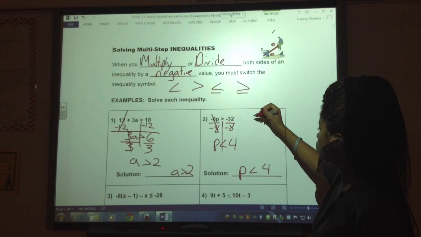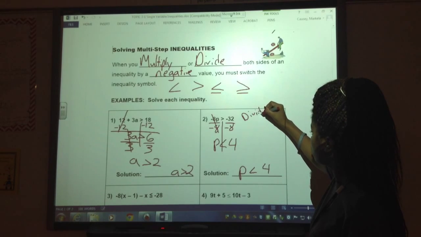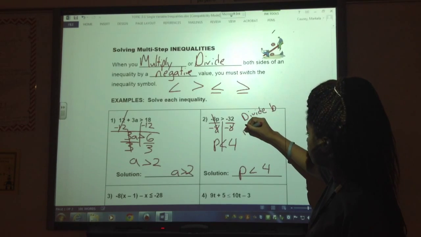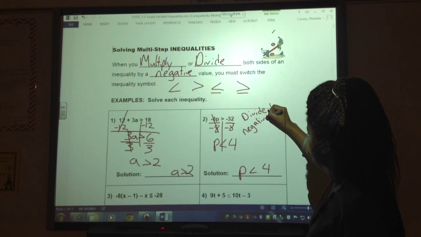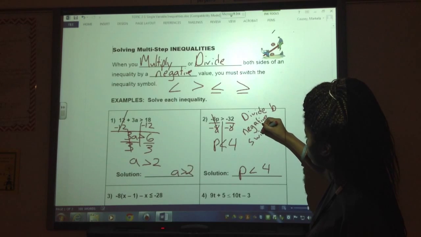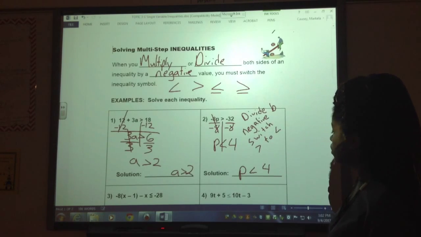So write that down. When we divide by a negative, we have to switch greater than to less than.